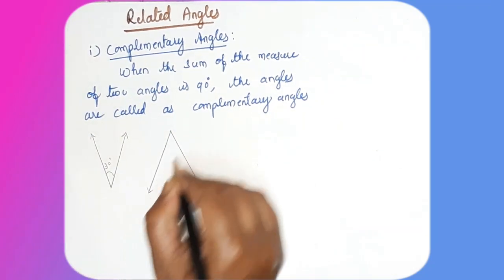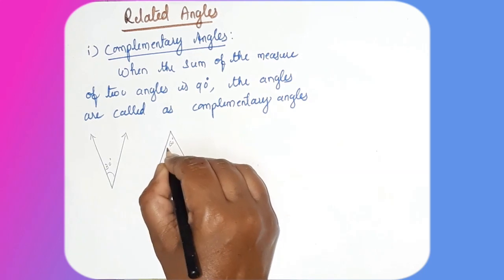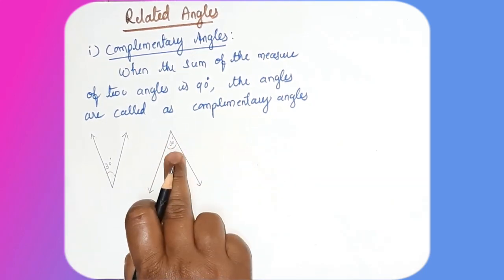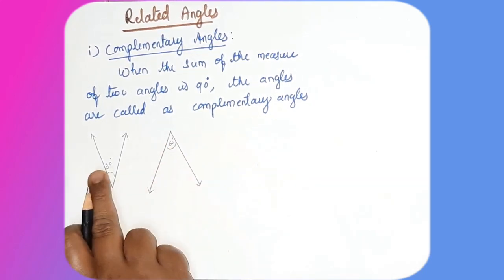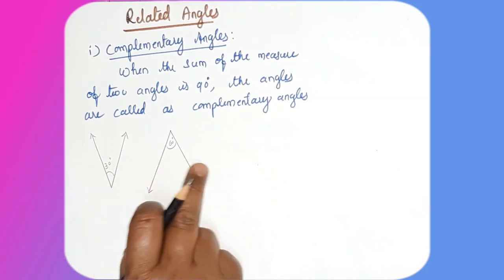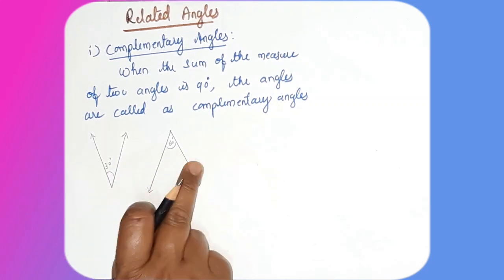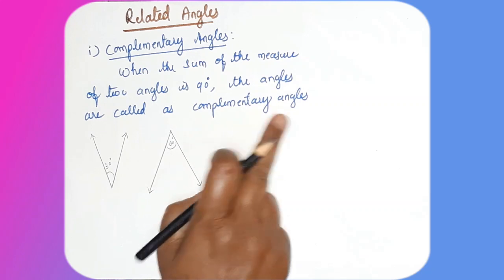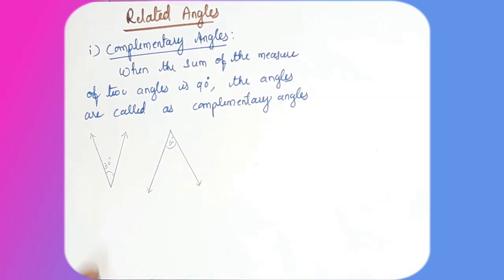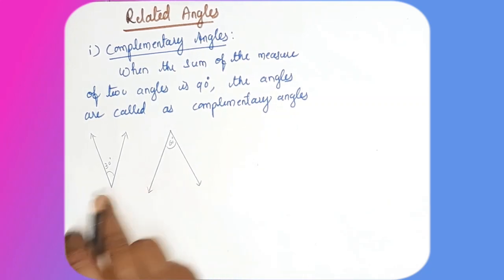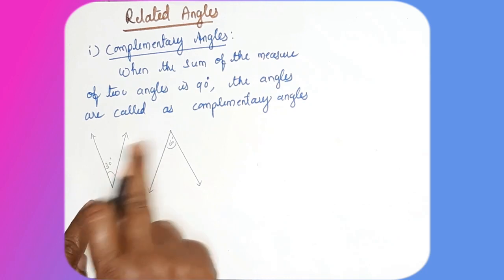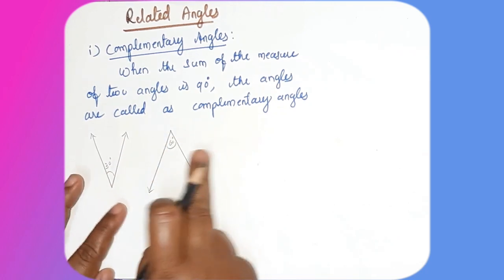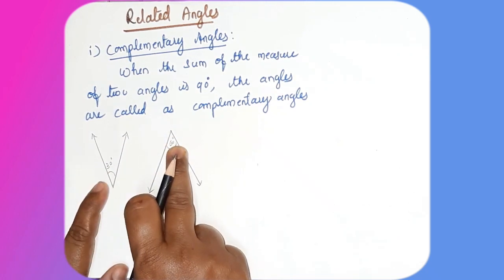See here, 30 plus 60 is 90 degrees, no? The sum of these two angles is 90 degrees. Then these two angles are called complementary angles. That means this angle is complementary to this, and the sum of these two will be 90 degrees. Or this angle is complementary to this.